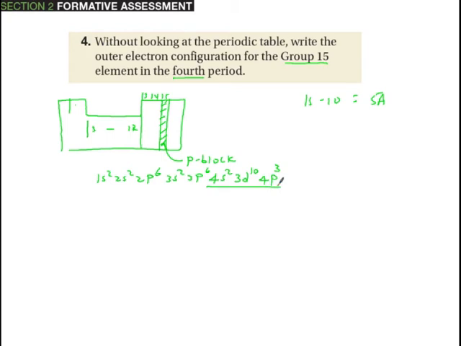If you rearrange this expression, we end up with 3d10 4s2 4p3. If you add these 2 electrons and 3 electrons, 2 plus 3, that is 5. This is the fourth period.